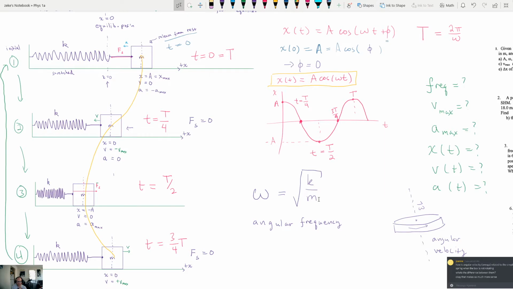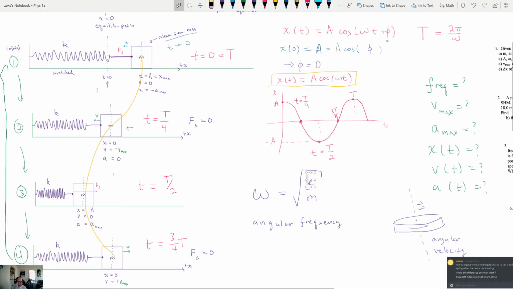So what this is telling us, let's look at spring constant first, is that the angular frequency is going to be larger when the spring constant is larger. Is that reasonable? That's like saying that it's going to oscillate back and forth faster when the spring constant is bigger.